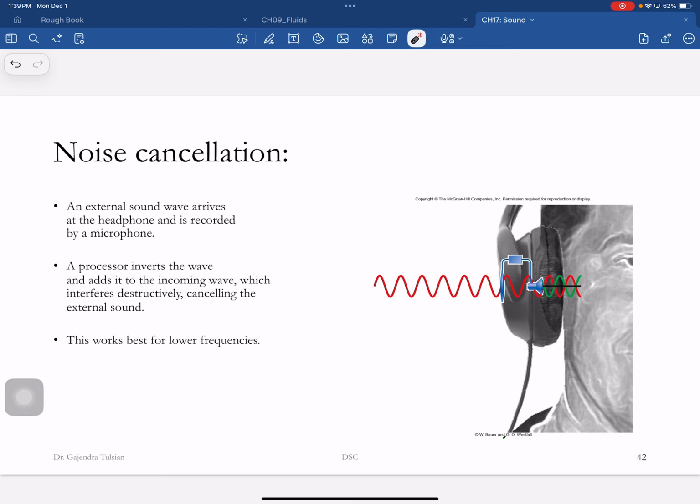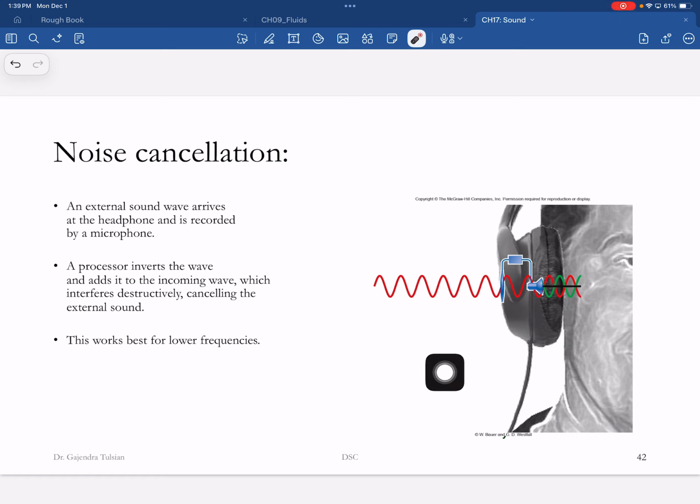Nowadays electronics are small and cheap, so you can do the following. Okay? So let's say you're listening to music on your headphones, and here's the sound that is coming in, noise coming in from the outside. You don't want to hear this, you only want to hear music. How do you cancel this sound?